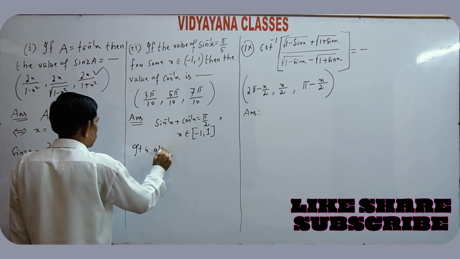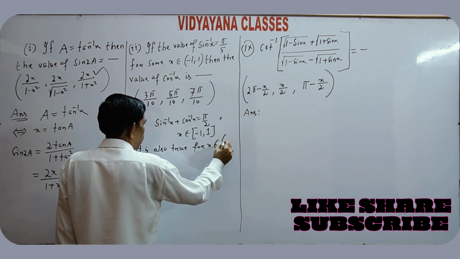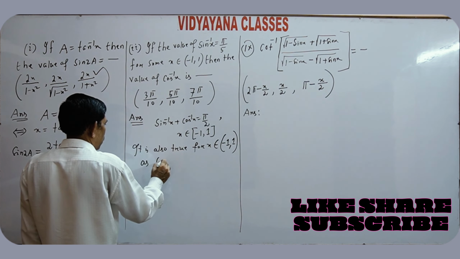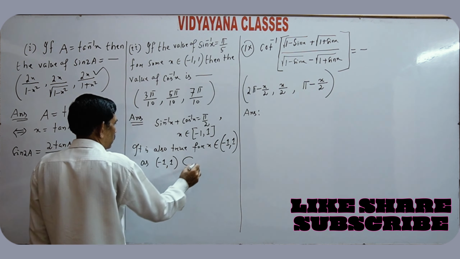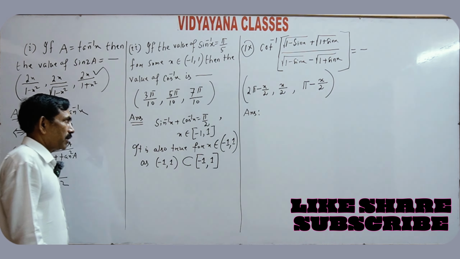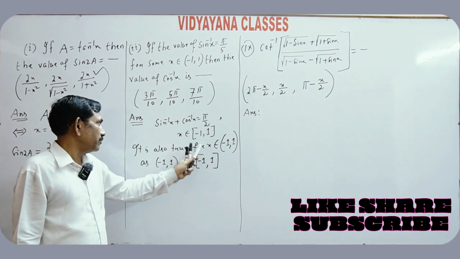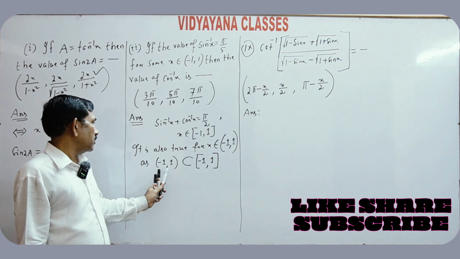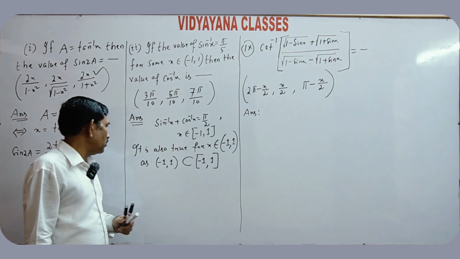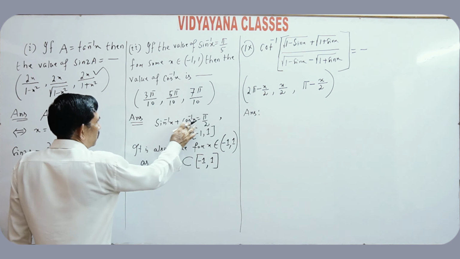It is also true for x belonging to (−1, 1), as (−1, 1) is a subset of [−1, 1]. Since this set is a subset of this, the statement is also true for x belonging to (−1, 1). Sin⁻¹x + cos⁻¹x is equal to π/2.